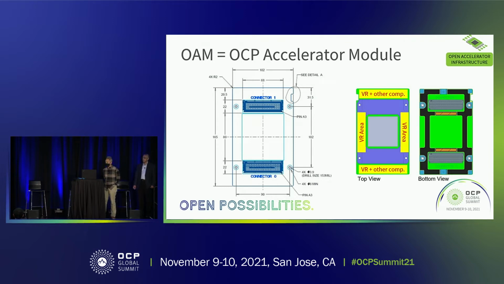Now, if you look at the dimensions where we can actually place these components, on the top and bottom it is 20.5 millimeters by roughly 70 millimeters on the north and south.